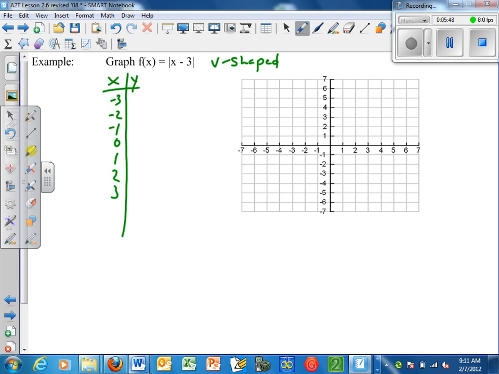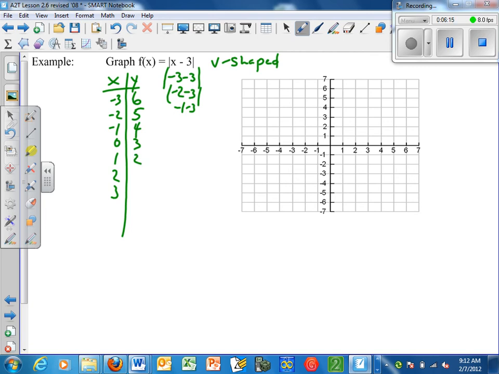If I put negative 3 in, negative 3 minus 3 is negative 6. The absolute value of negative 6 is 6. If I put negative 2 in, negative 2 minus 3 is negative 5. The absolute value of negative 5 is 5. Negative 1 minus 3 is negative 4. Take the absolute value, it's 4. Put 0 in, 0 minus 3 is negative 3. Absolute value is 3. Put 1 in. 1 minus 3 is negative 2.